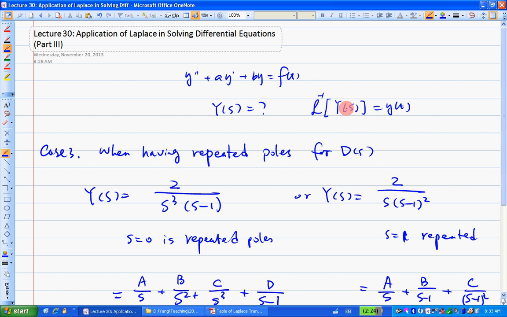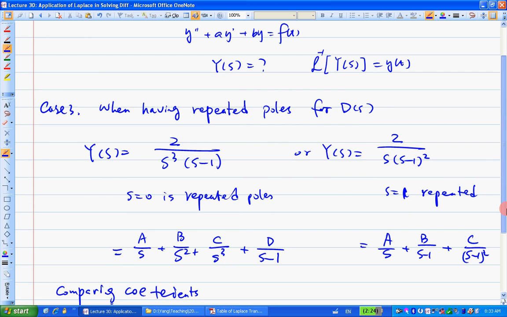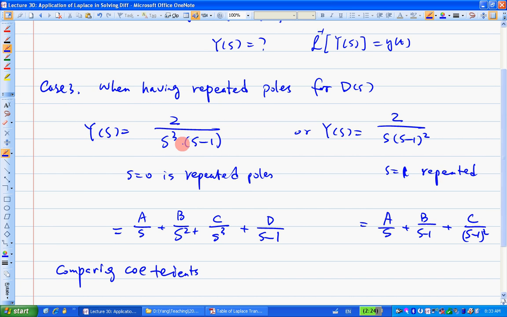Now, when it comes to decomposing this Y(s), there are basically three different kinds of cases. The first one is you have simple poles. The second one is when you have conjugate poles, and the third one is this one here, when you have repeated poles. So this is the format that we were left with in the previous lecture.